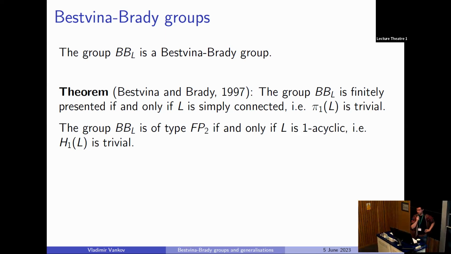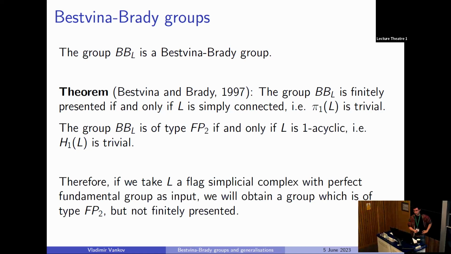Specifically, they proved that this group BB_L is finitely presented if and only if L is simply connected, so its fundamental group must be trivial. But BB_L is of type FP2 if and only if L is 1-acyclic, so if H_1 of L is trivial, its first homology with integer coefficients.